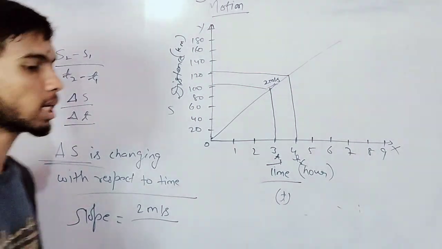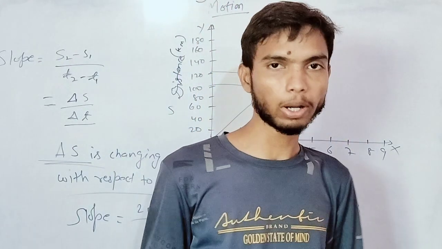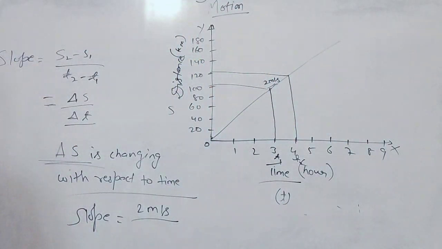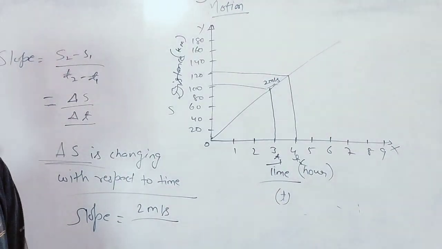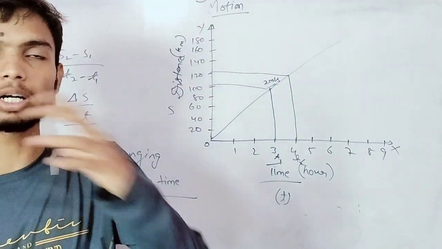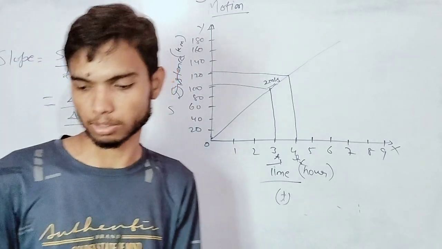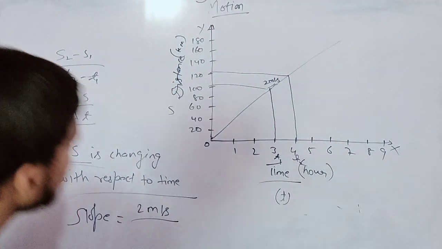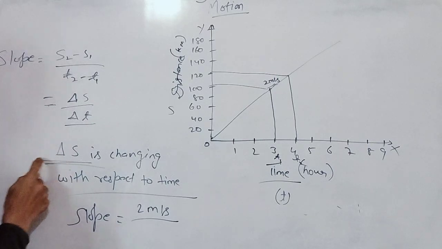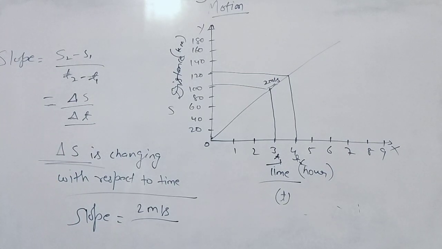So it tells you that the numerator depends on the denominator. Denominator will not depend on numerator. Clear? This is the meaning of the slope. Delta means a small change, a small change. Even we will not be able to realize what the change is.